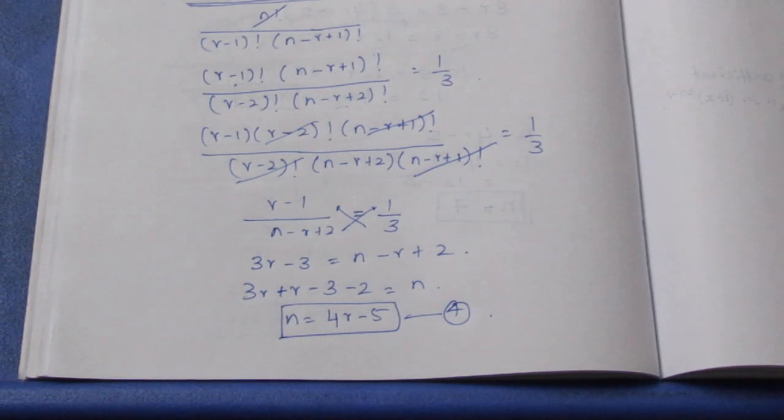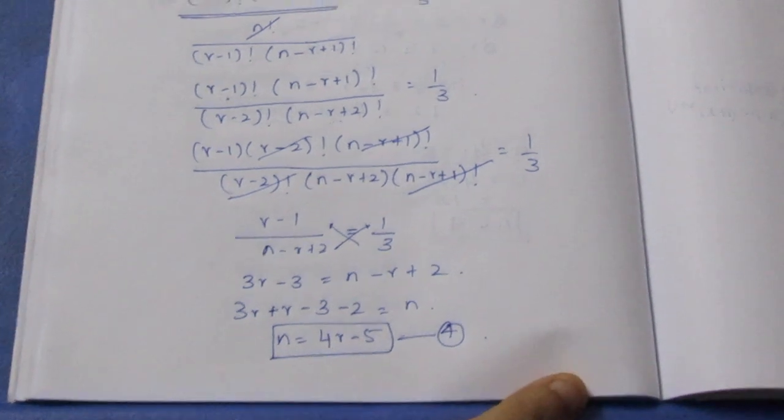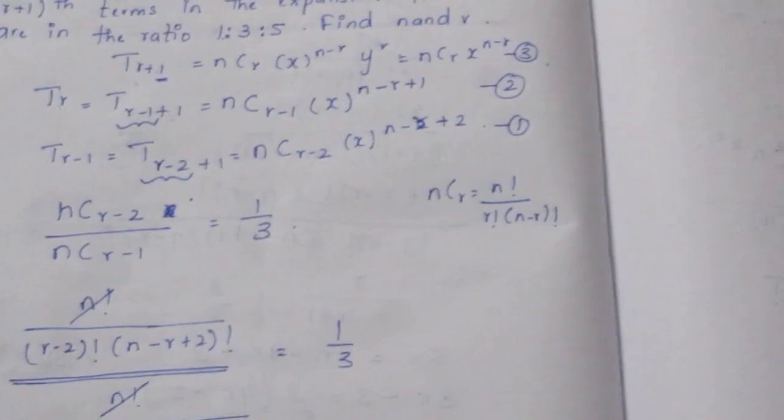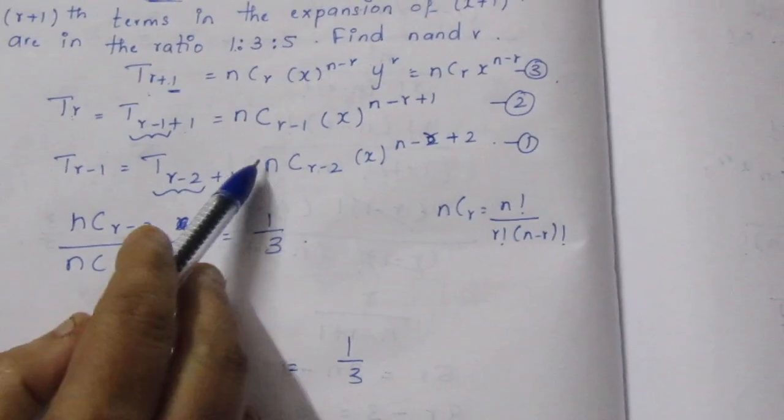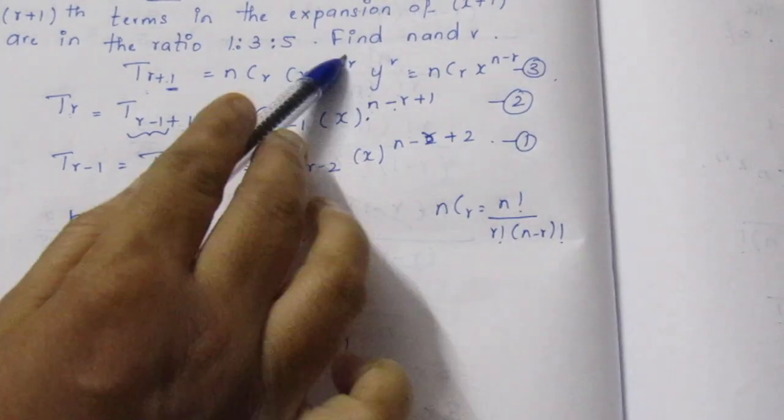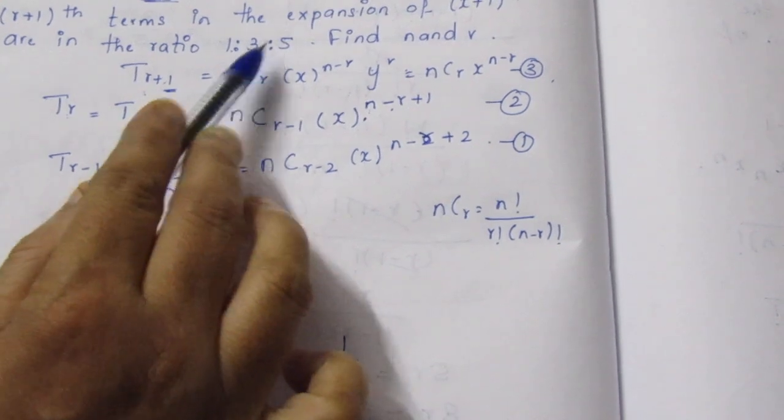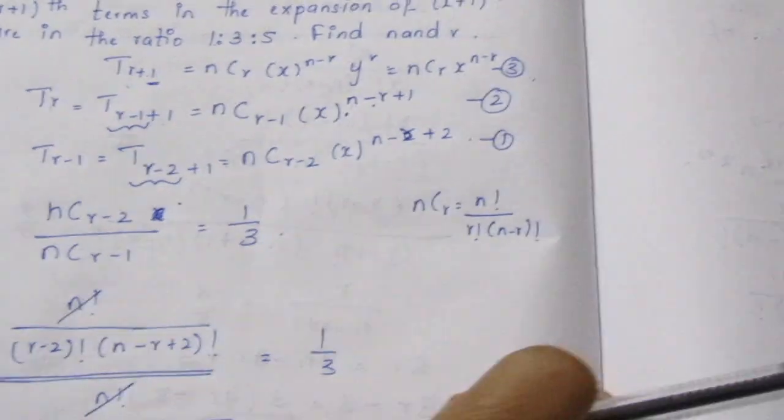And now let us solve the next two, that is 2 and 3. As we have ratios, let me take the other ratios, that is 2 and 3. 2 and 3 is equal to 3 by 5. So let me take this and solve this.